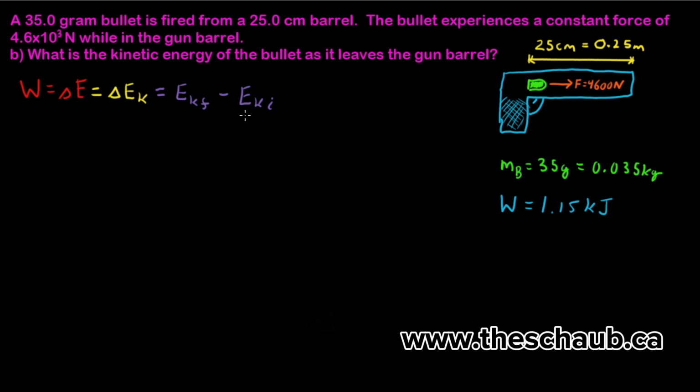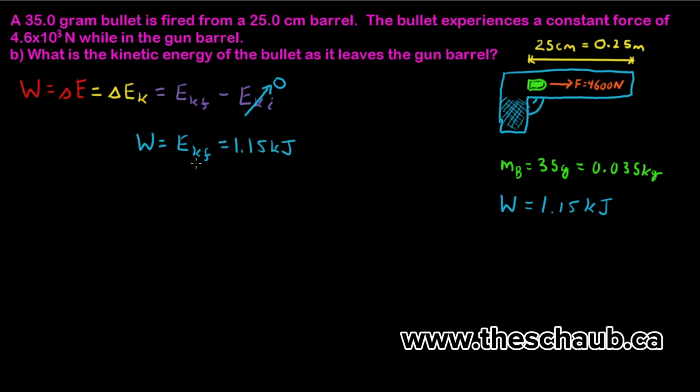As the bullet has no initial velocity, it also has no initial kinetic energy. So what we're left with is the work is equal to the kinetic energy final of the bullet. And we know from part A that the work is equal to 1.15 kilojoules.